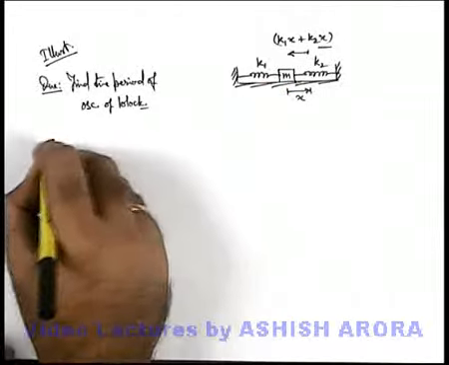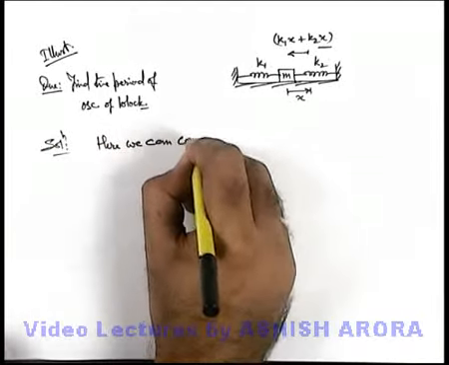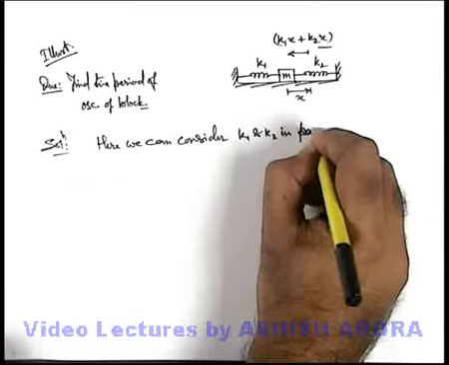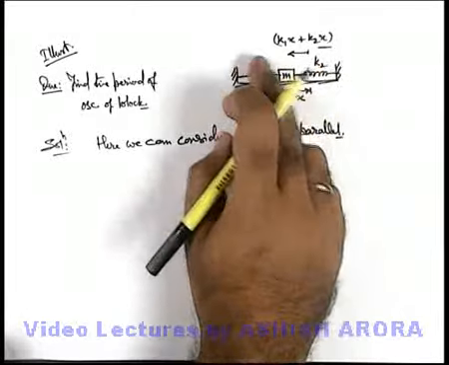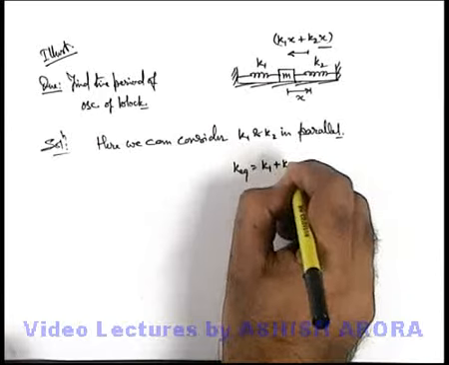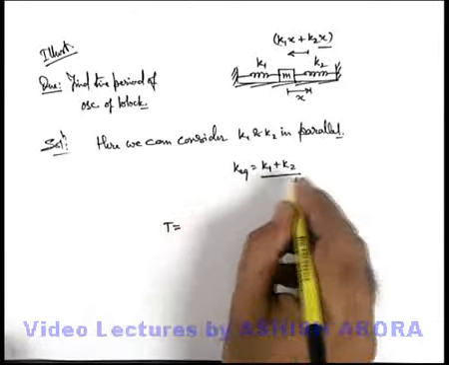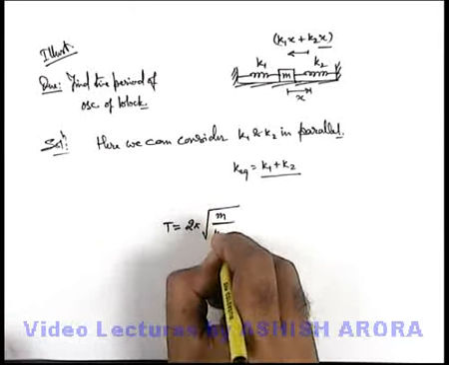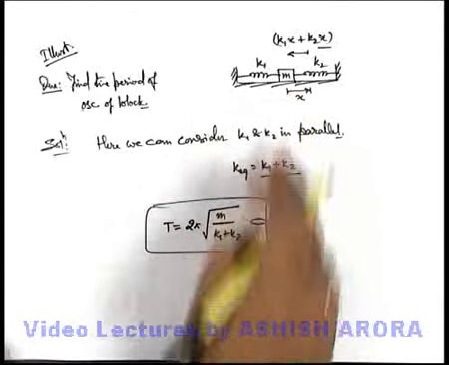So in the solution we can consider K1 and K2 in parallel, because the extension is the same and both springs apply force in the same direction. So K equivalent is K1 plus K2, like the block is connected with a single spring. So the time period can be directly written as 2 pi root of m by (K1 plus K2). This will be the time period of oscillation for the situation given here.